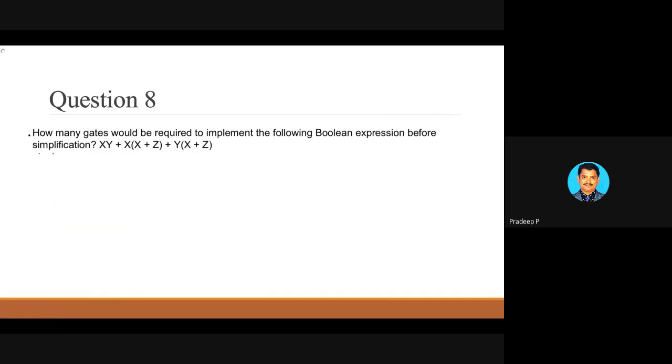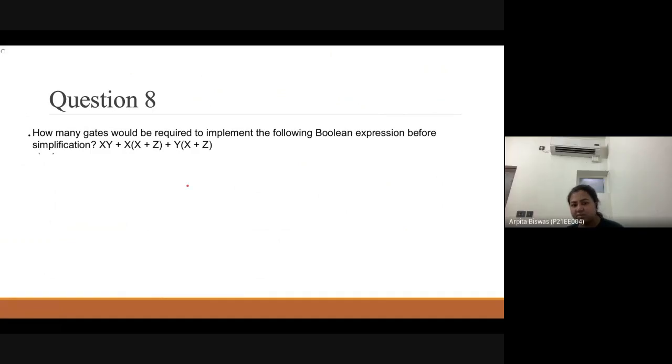Yes, because it is not given whether it is two input or three input. So x and y, you can write here. At first x into y, so we can use the AND gate, right? There's xy coming here. Then x into x plus z. So x and z, this is an OR gate.